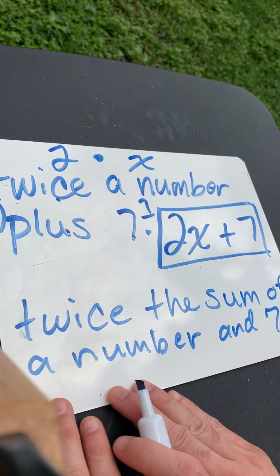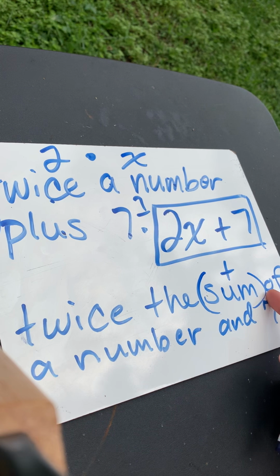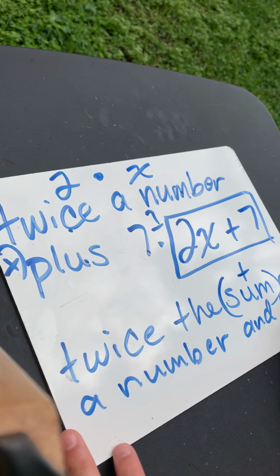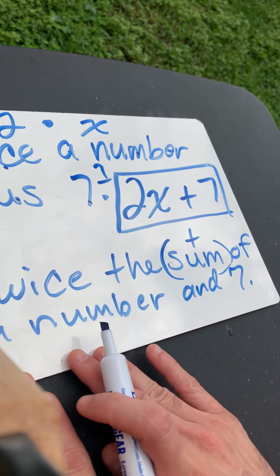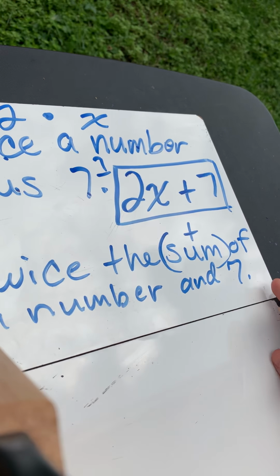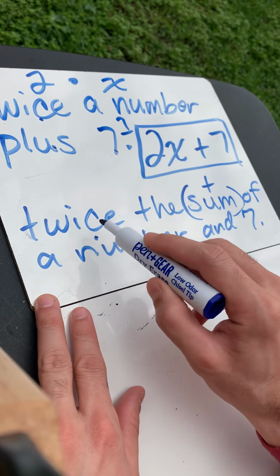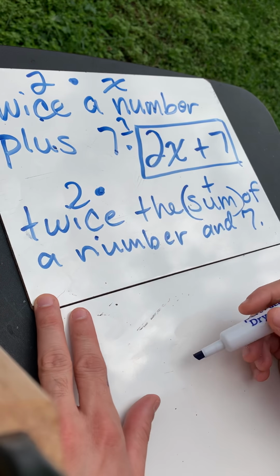Now look at the bottom here. Sum means plus, but you need to put a parentheses. So right here at the bottom, let's solve the next one. Twice means 2 times.